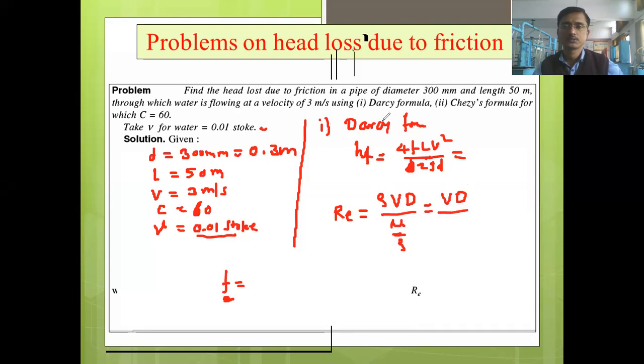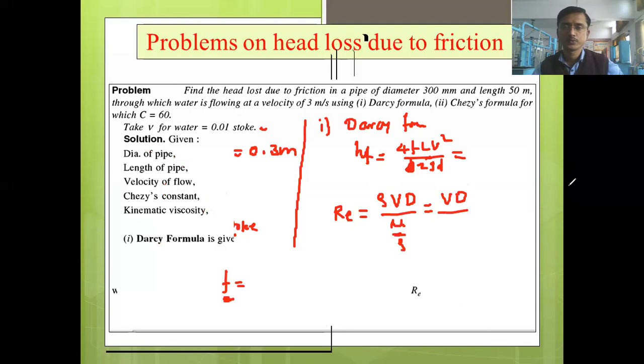किती जणांना आठवते बघूया आपण. व्हॉट इज दिस μ upon ρ, काय म्हणतो आपण त्याला, कायनेमॅटिक. येस, ν, त्याला ν कायनेमॅटिक विस्कोसिटी, राईट. So this VD upon ν is also formula. So V is how much?